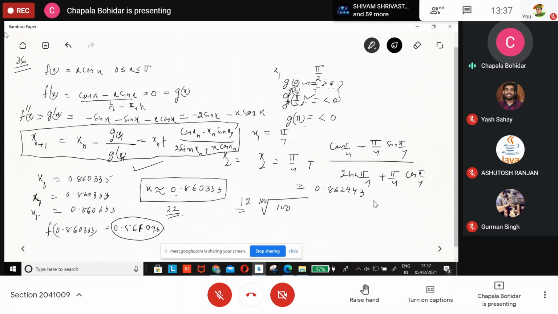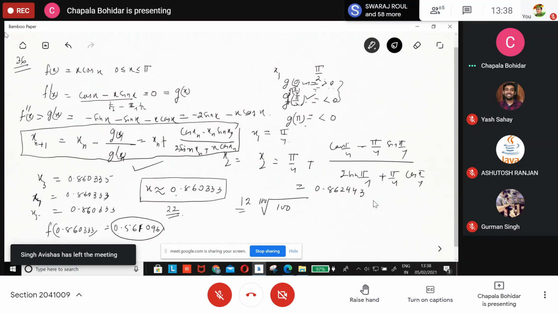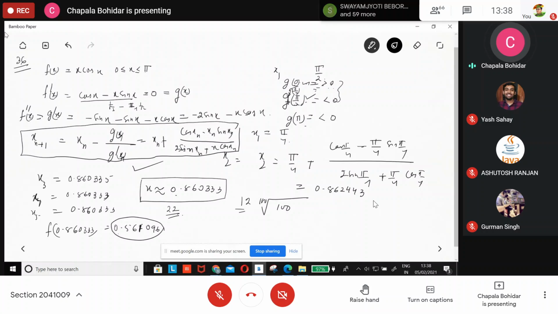So all of you know the procedure? All of you clear about the procedure or not? I am asking you that. Convert your calculator to radians and solve your problem. If you have a programming calculator, then it is very easy to find x1.